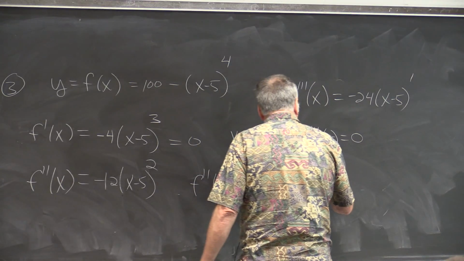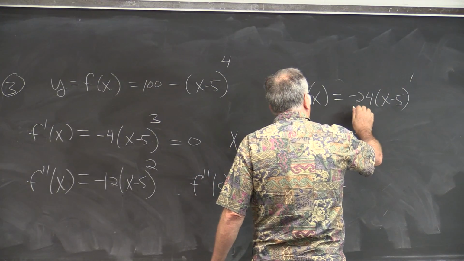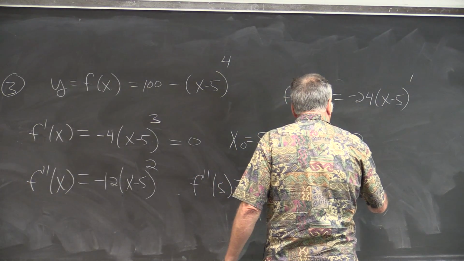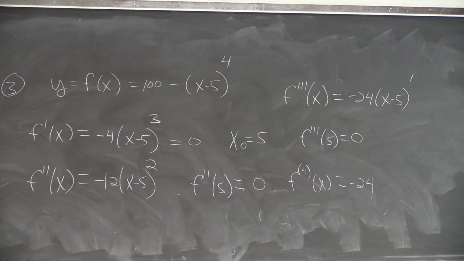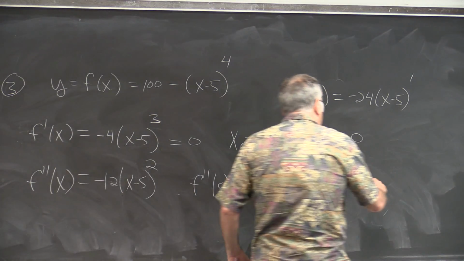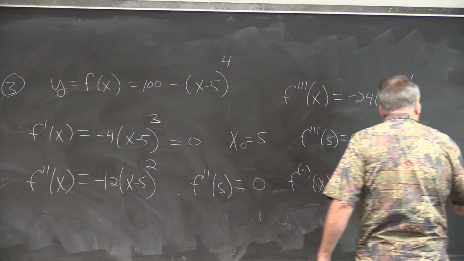And the fourth derivative, notice, is just what? Minus 24. So the first non-zero derivative is of even order, the fourth. And it's negative, so what do you have at x equals 5? The maximum. So this implies that f of 5 is a maximum.